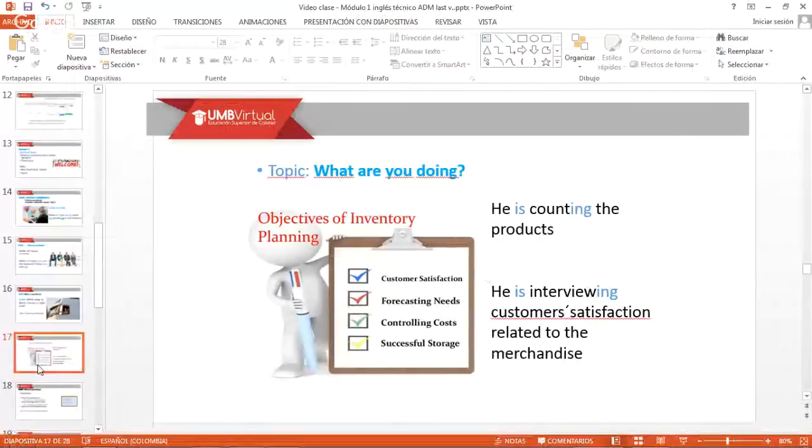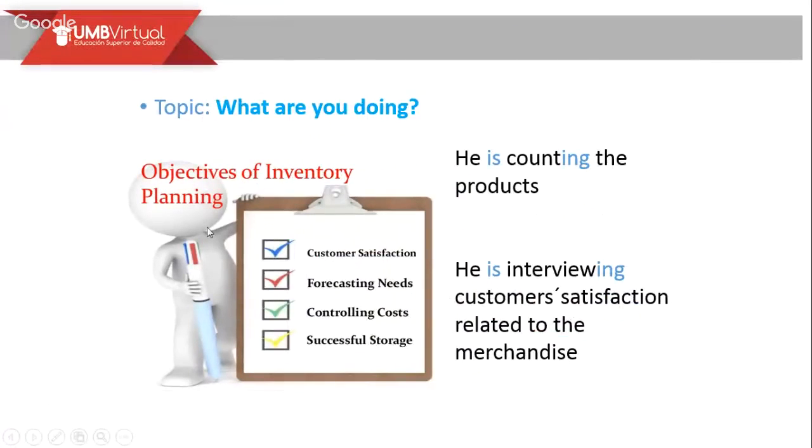So here we have, entonces tenemos, what are they doing? So objectives and inventory plan. We have like 4 activities: customer satisfaction, forecasting needs, controlling costs, and successful storage. Those are the 4 objectives according to inventory planning.